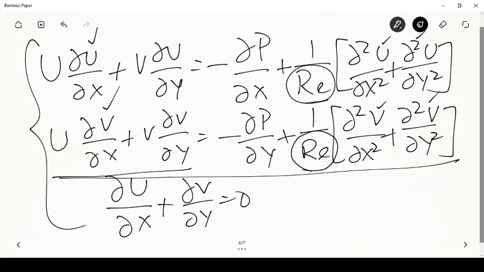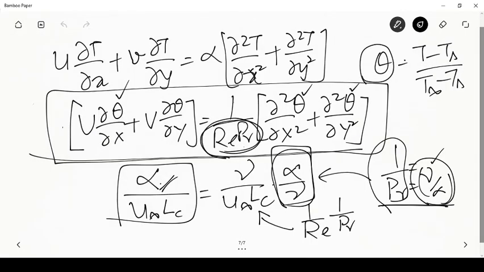If the pressure term can go to 0 in any particular flow situation, which actually happens in the case of a parallel plate flow or of a flat plate boundary layer flow, then the equations for momentum and energy have the same form, except that instead of u and v that are there in the momentum equation, there is theta in the energy equation, and instead of Re there is an RePr, and if Prandtl number is 1, then these equations are identical.